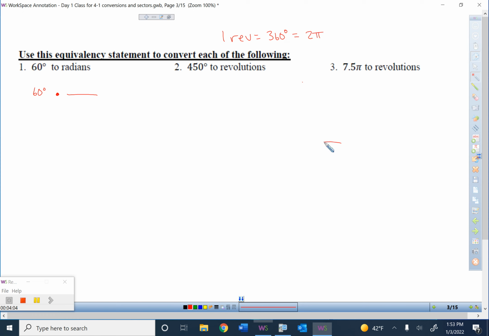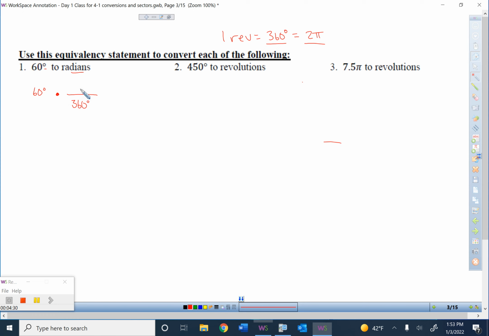We're going to pick the two of these that are involved in our conversion. So this one has degrees and radians, which means we've got to focus on those two pieces in this statement. And what we always want to do to have things cancel out is whatever we have on our first part needs to be in the denominator of this fraction. So the degrees portion, the 360, has to go on the bottom to cancel out our label of degrees.